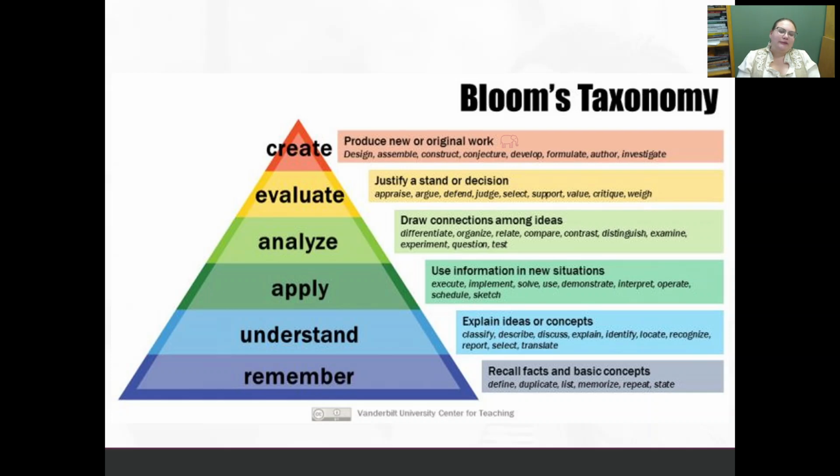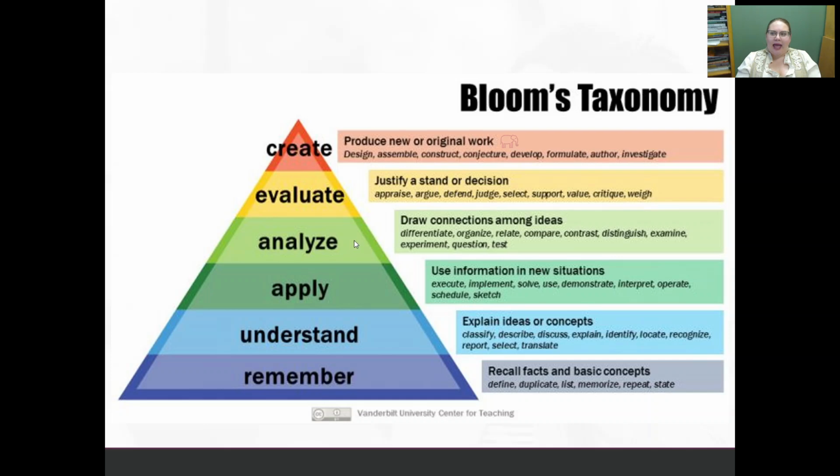There's multiple types of transfer. We're not going to get into it in this video, but I promise we'll get to it a little later on in this class. When we talk about apply, this is where we're going to complete or demonstrate or incorporate or operate or practice or sketch, illustrate a concept.